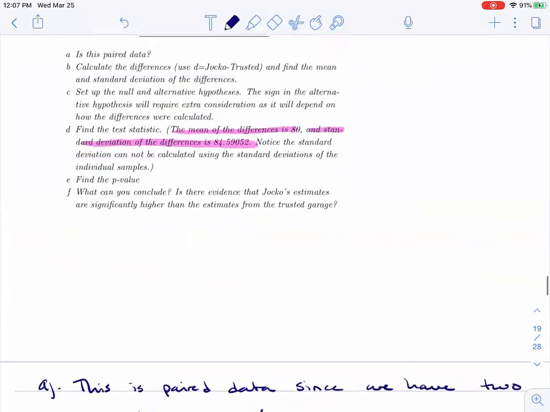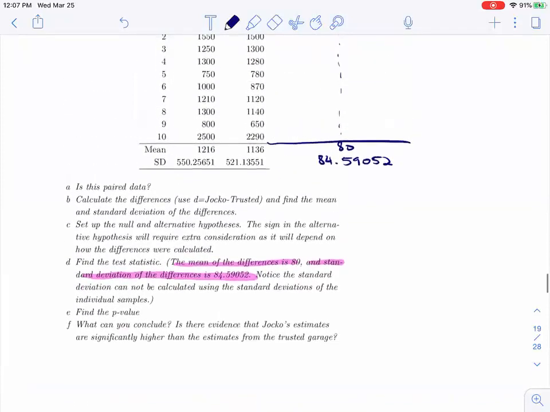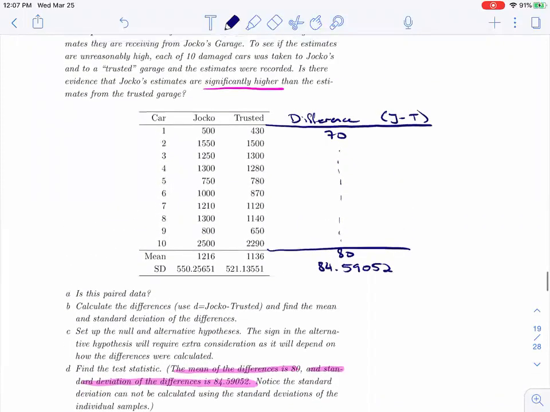Part C, set up the null and alternative hypotheses. Like we said, we need to pay attention to the sign in the alternative hypothesis, because we want to know if Jocko's estimates are significantly higher. One clue is that if you pick an example of 500, that's higher than 430.